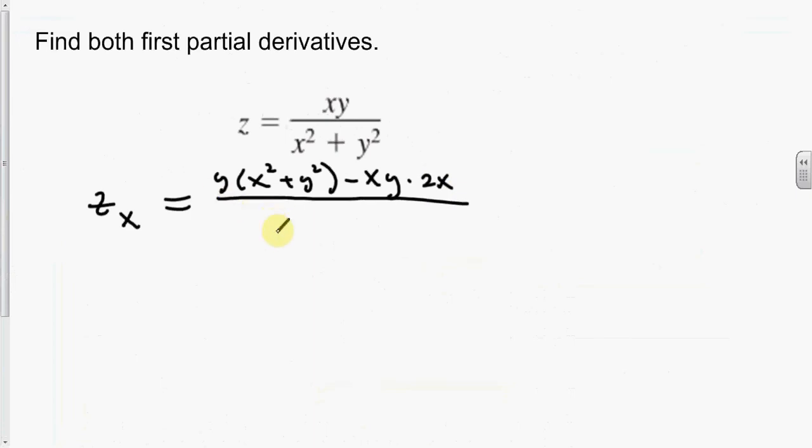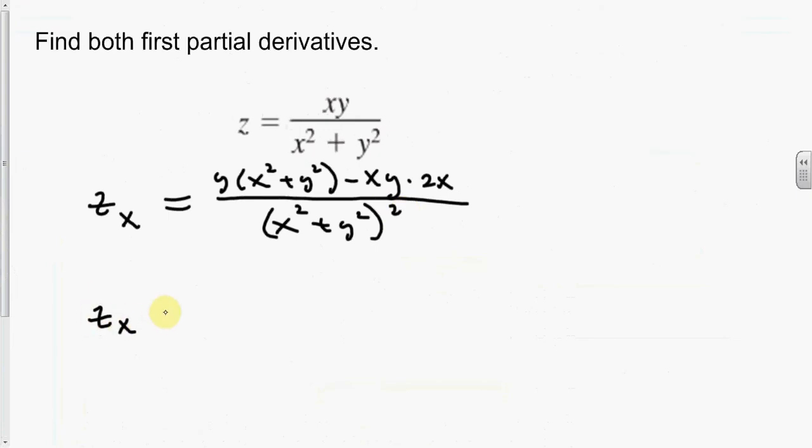Partial of z with respect to x. We use the quotient rule. It's the derivative of the numerator with respect to x, that's just y, times our denominator, minus our numerator times the derivative of the denominator with respect to x, that's just 2x, all over x squared plus y squared, squared.